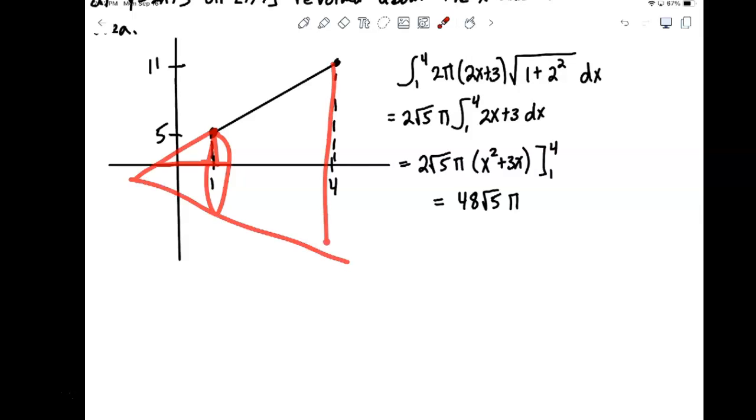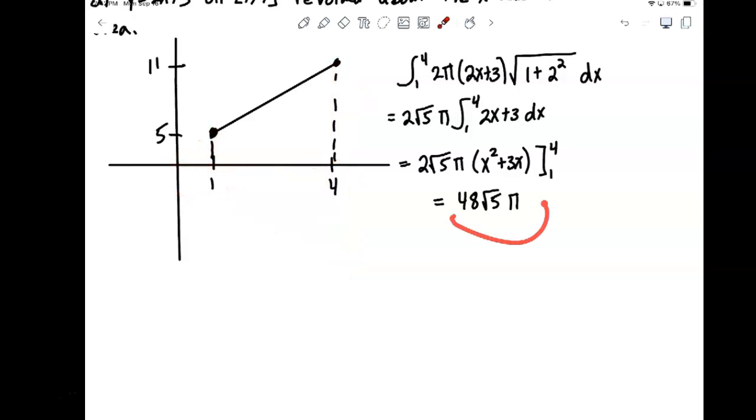Then you could compare that to the cone here that has a radius of 11 and a height of 5.5, because this is going to negative 3/2 on the x-axis. Figure out its surface area, and then take their difference, and when you do, you should get 48 square roots of 5 pi.